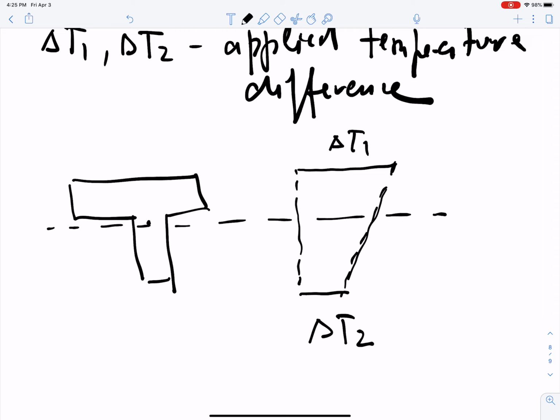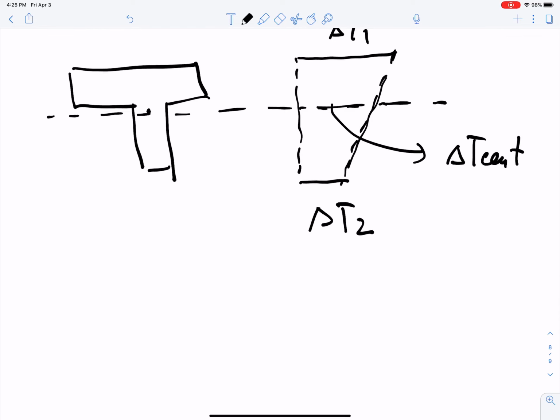And so wherever the central axis happens to be located, there I'm going to apply delta T central. Okay, and then we're going to define two more quantities.